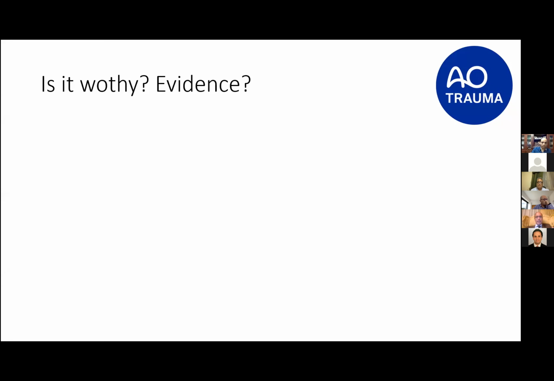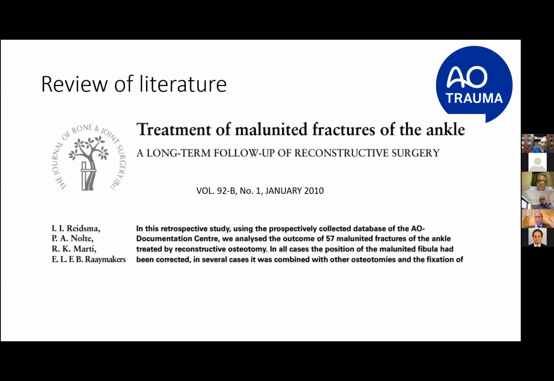I will ask the panel later about their experience in these cases, because I'm sure you see a lot of cases. But the evidence, this is a very important paper in the literature, the most important paper. It was published in the JBJS British in 2010.